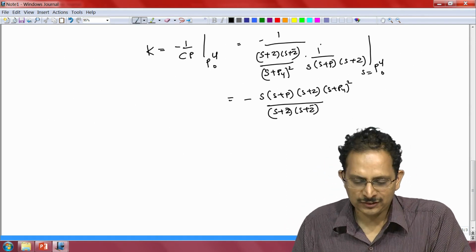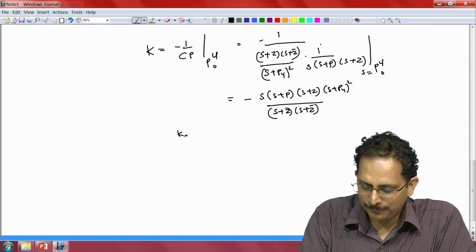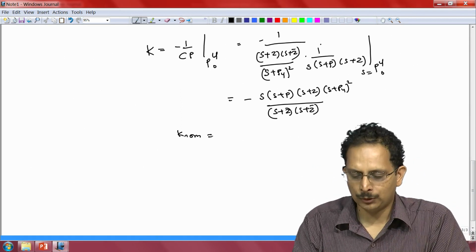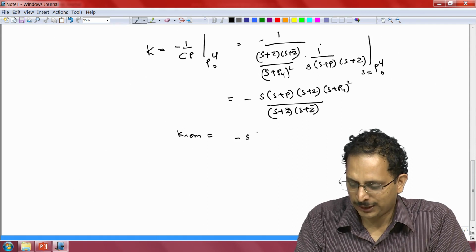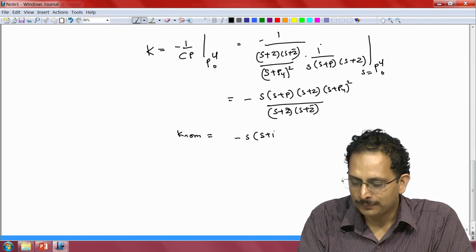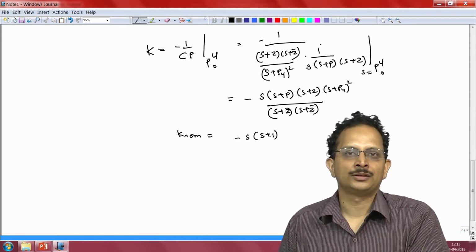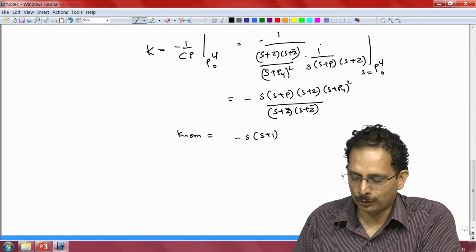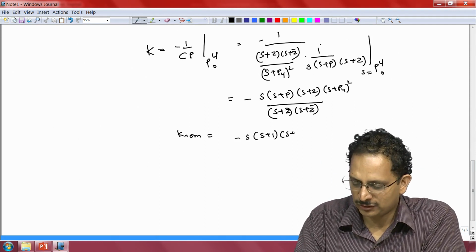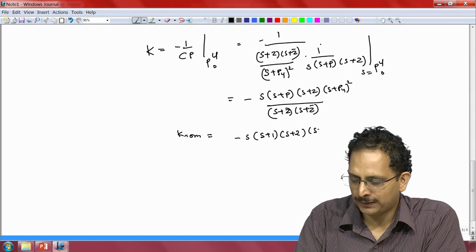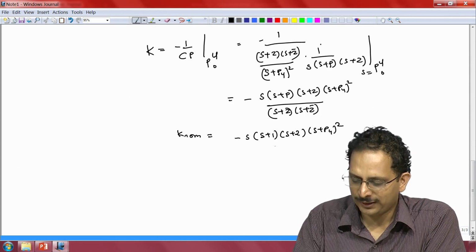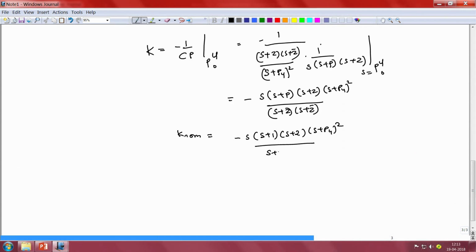In the nominal case, we would have K nominal equal to minus of S times S plus 1, because the nominal value of the plant pole is at S is equal to minus 1, times S plus 2 times S plus P4 the square divided by S plus Z times S plus Z bar.